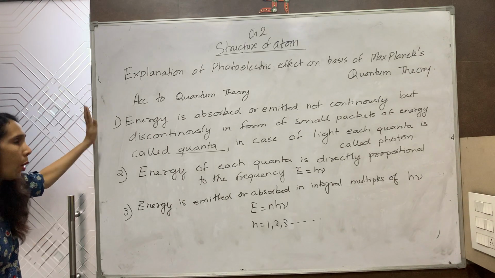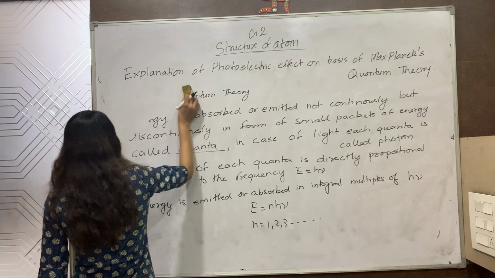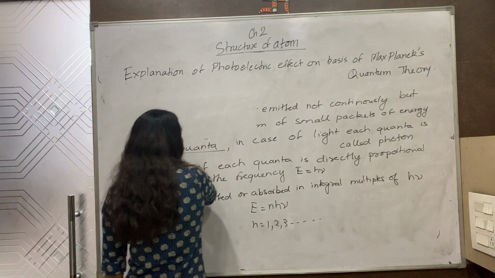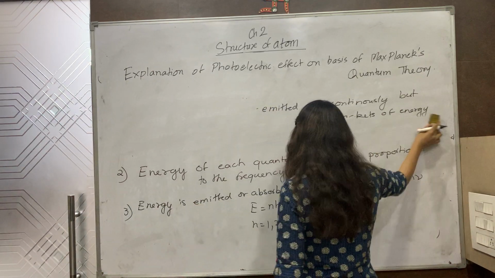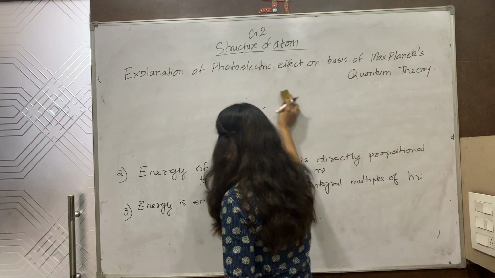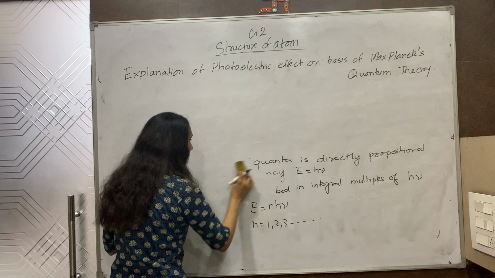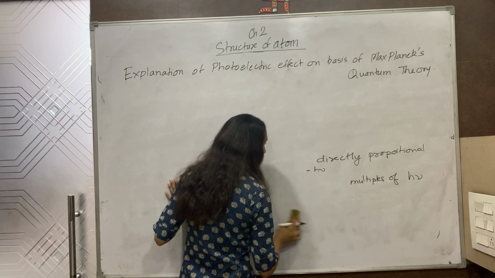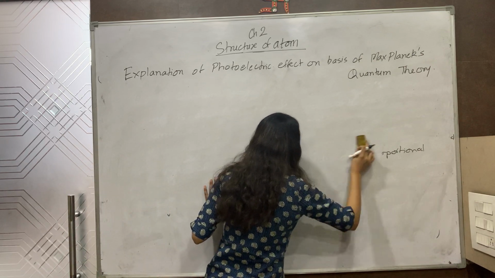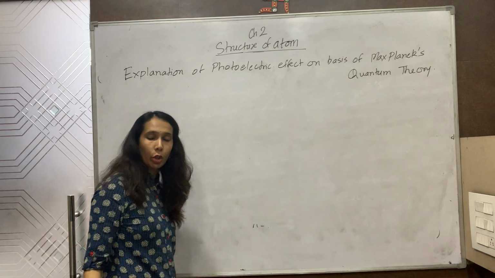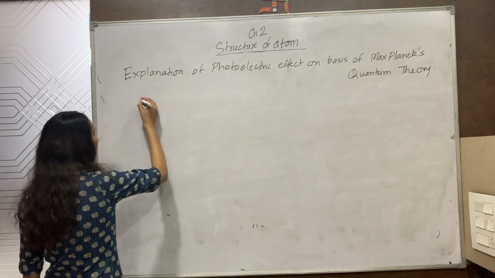Now we will see how Max Planck's theory was able to explain the photoelectric effect. We have seen that in the photoelectric effect, to eject an electron, a particular frequency of light is required, a minimum frequency of light, which is called the threshold frequency.